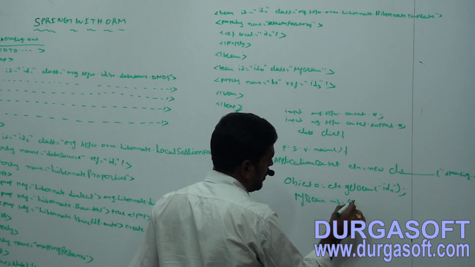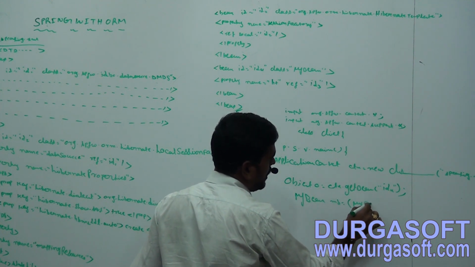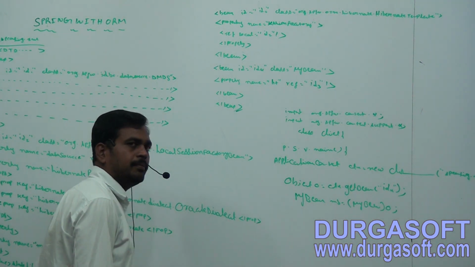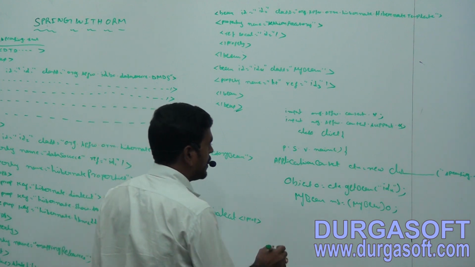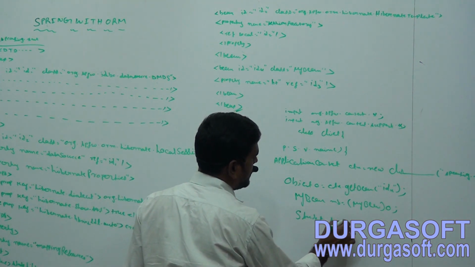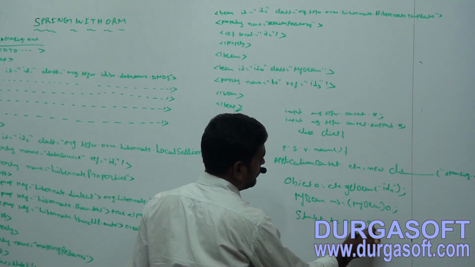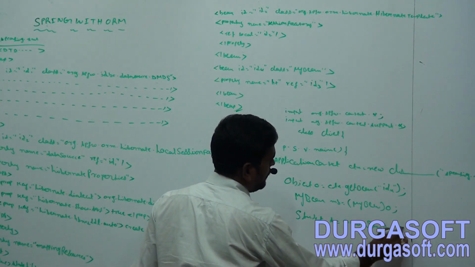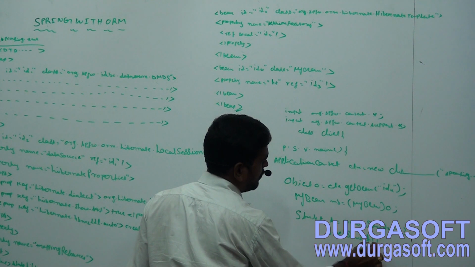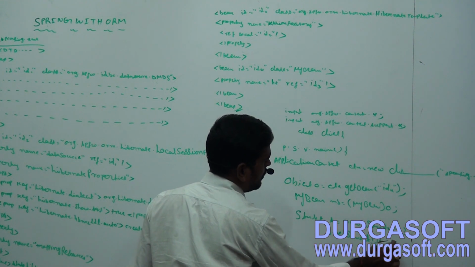MyBean mb is equal to (MyBean) o. After that, create the student class object. Student s is equal to new Student. After that, s.setStudentId, now here 1001.